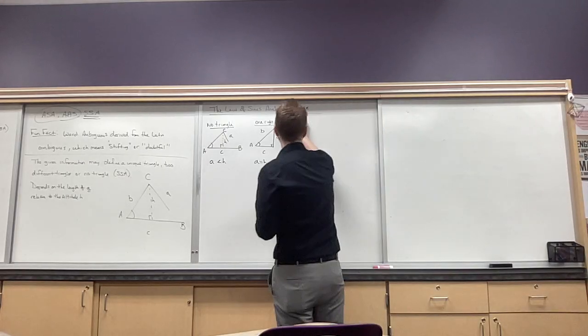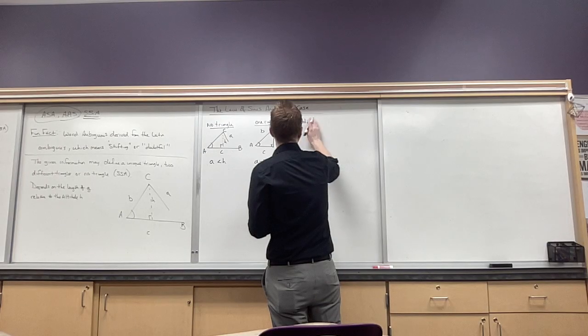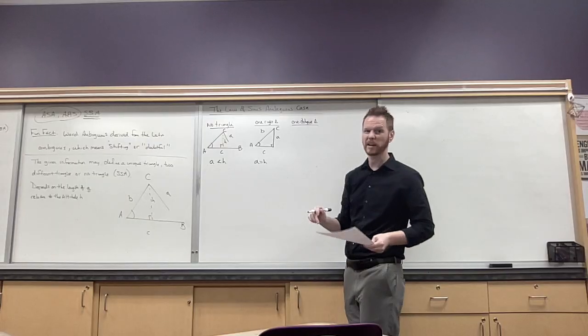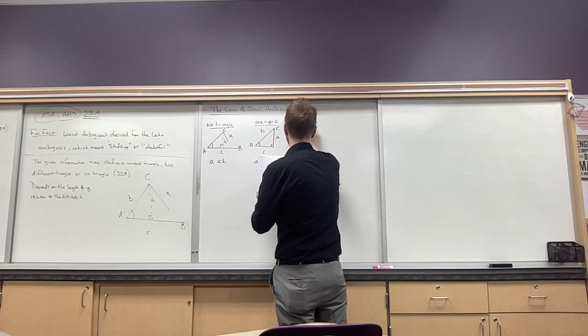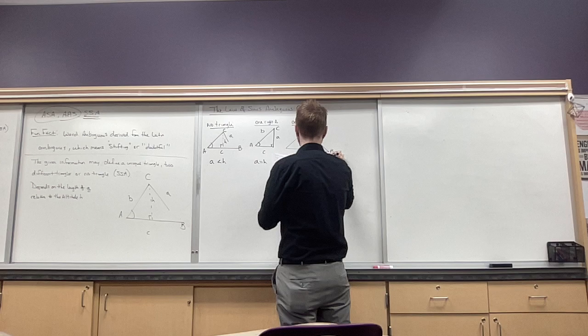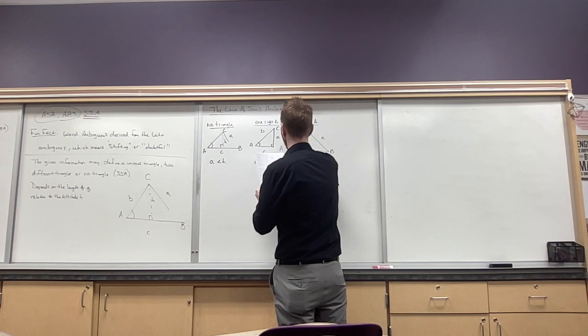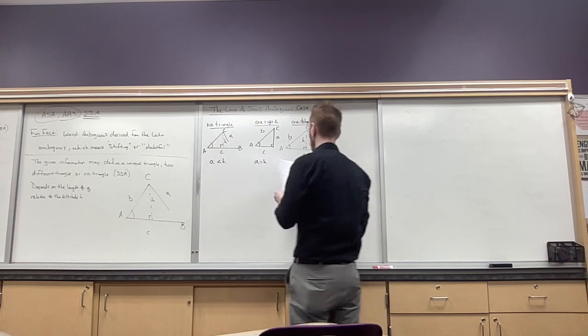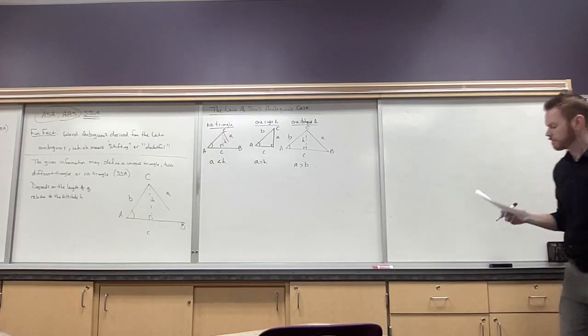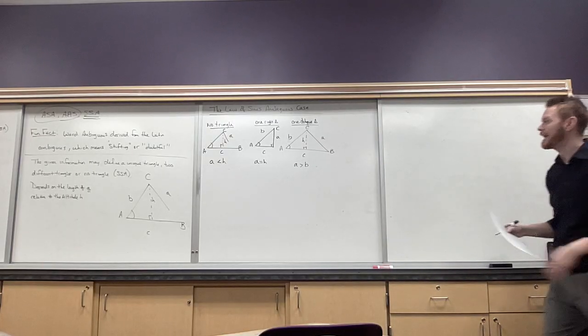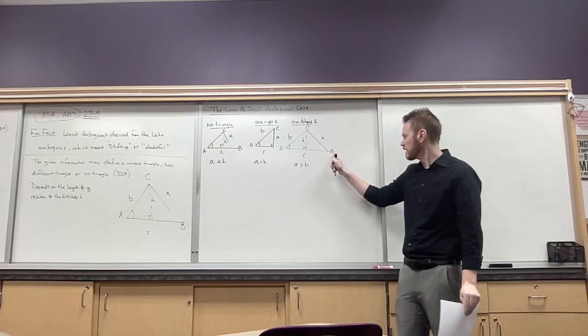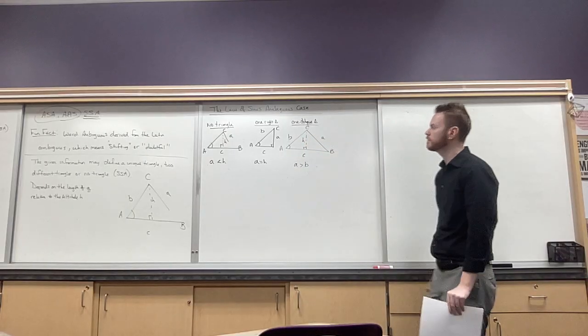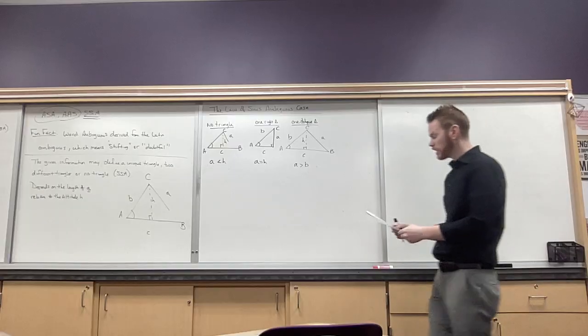We could have one oblique triangle. Remember, oblique just means it's not a right triangle at all. So something like this. That's when side a is larger than b, so it does come down to the very line of AB. Or you can have two triangles.